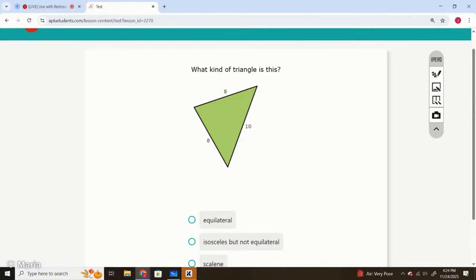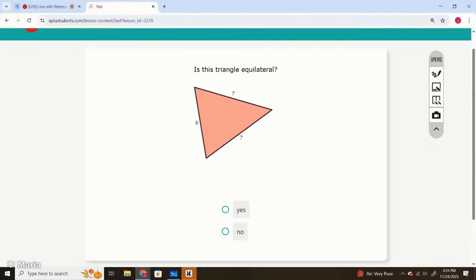What kind of triangle is this? Isosceles but not equilateral.